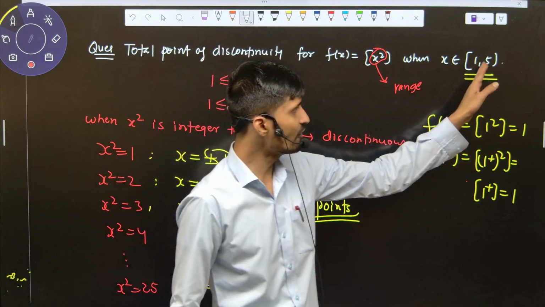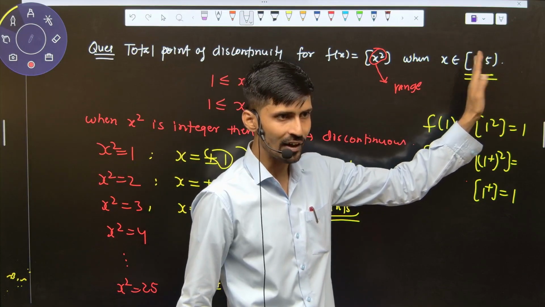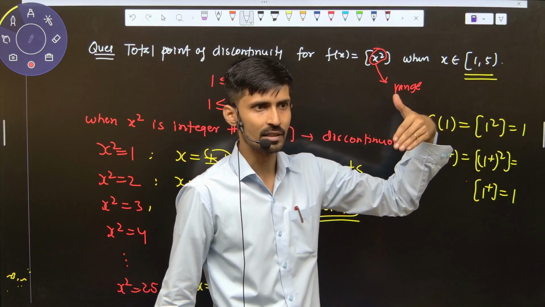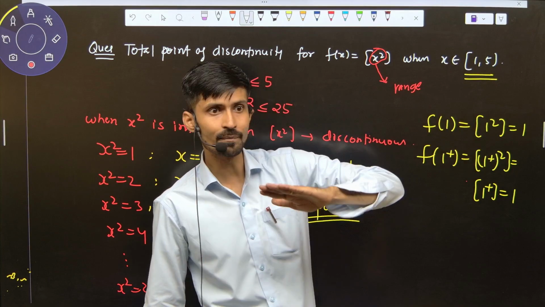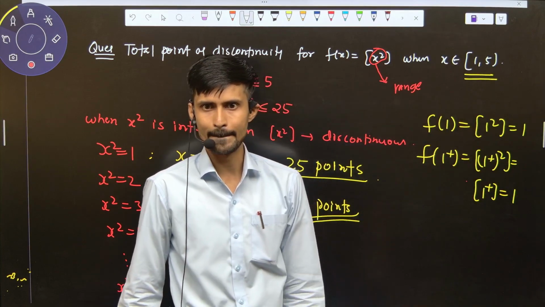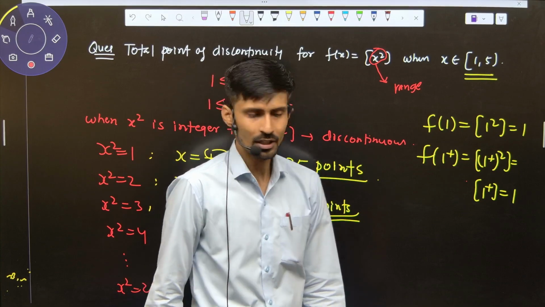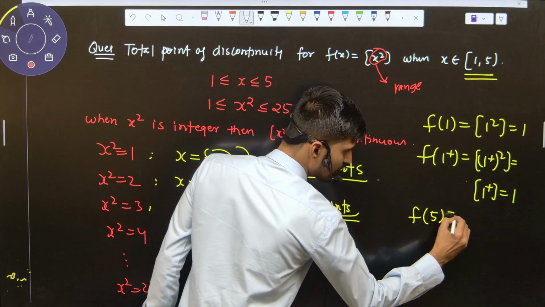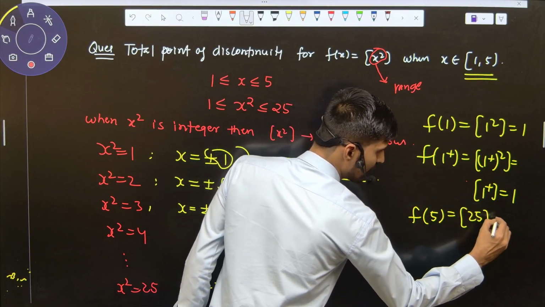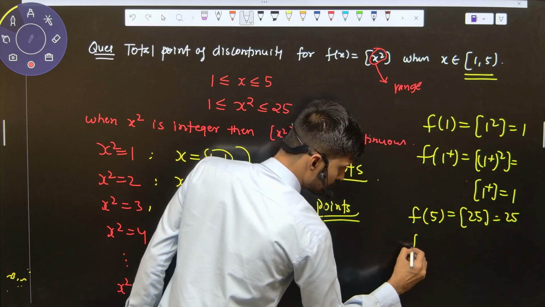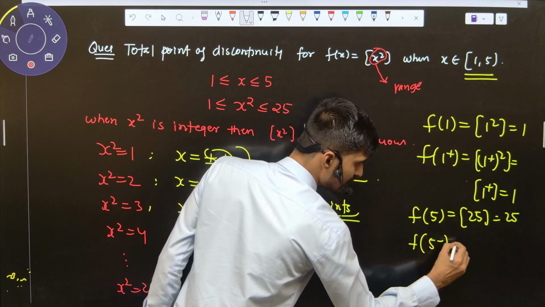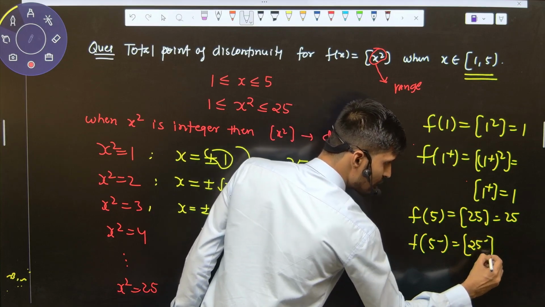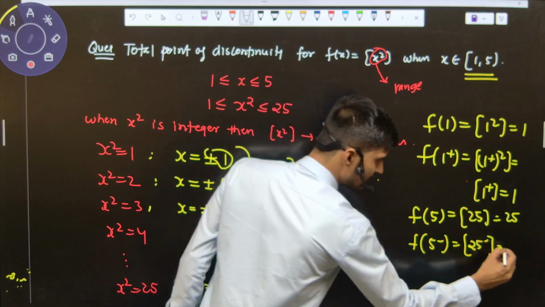And if you want to check 5, you can check at 5. So tell me, 5 is there. Do you think at 5, if we want to check continuity, we'll check 5 plus or 5 minus? We'll check 5 and 5 minus. We'll not check 5 plus. So I'm going to check for 5. What is f of 5? Greatest integer of 25, and this value will be 25. What will f of 5 minus be? 5 minus square, 25 minus. What is 25 minus? 24 point something. Greatest integer will be 24.